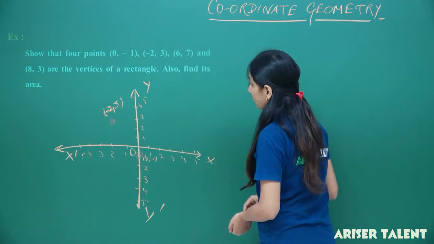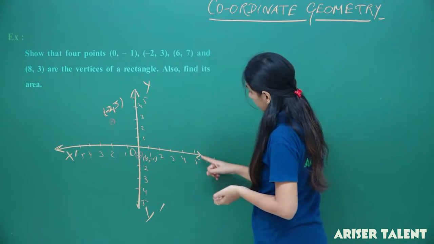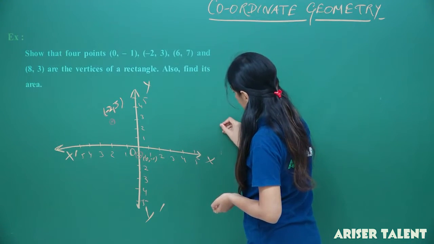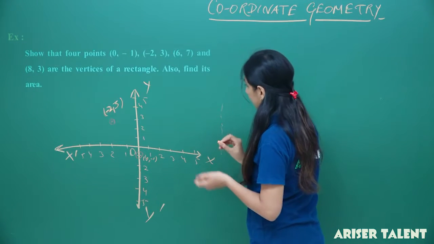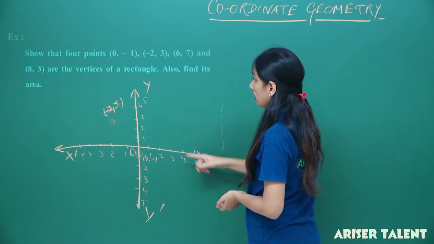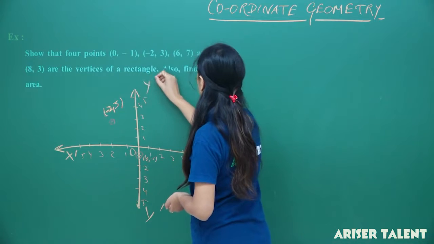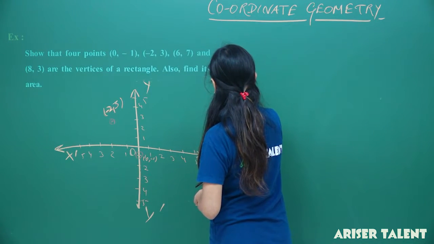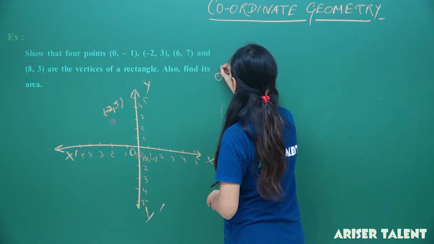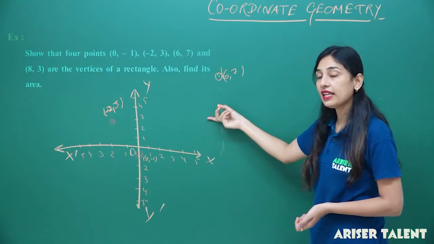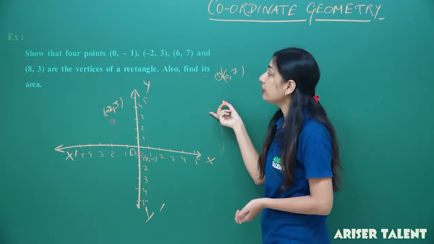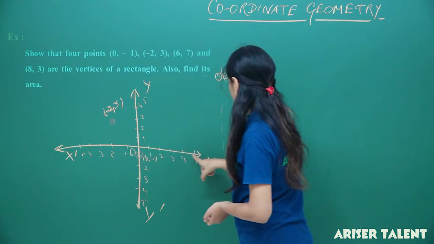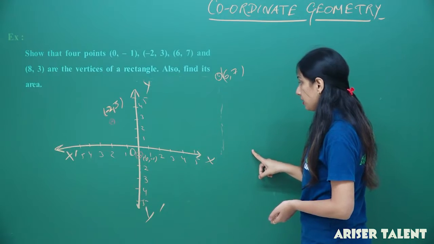Now (6, 7). So x 6 will be something like there. We are taking an idea, and 7 will be something like here, and that will make a point here. So this is (6, 7), both positive, so that will lie in the first quadrant. And (8, 3), now 8 here.